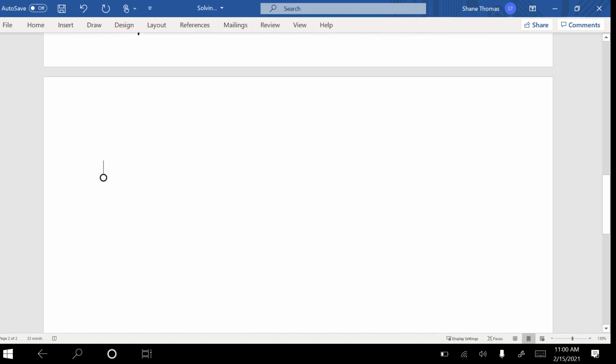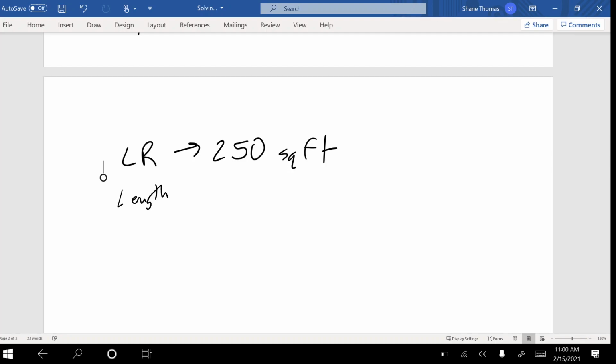An easy problem, but say your living room is 250 square feet. Okay, and the problem is you know the full square footage, but you can only figure out one of the sides. You know that the length of the room is, let's say, 20 feet. All right, now what's the width?